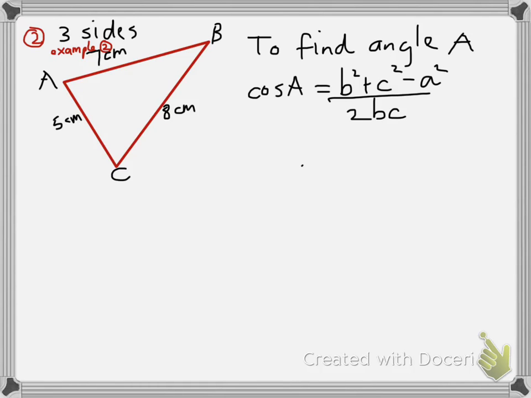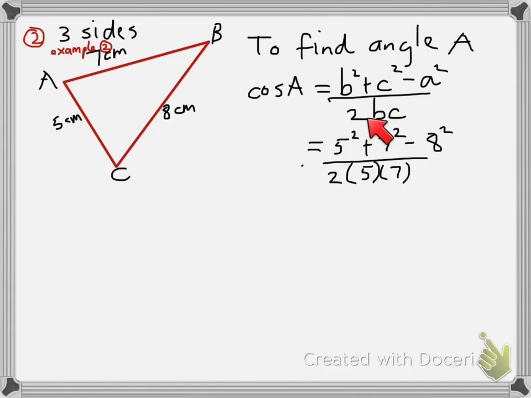Well, the cosine rule can be rearranged to make cos A the subject. And we see that we would need to put in the values of little b, up here b, which for us would be this side of 5.